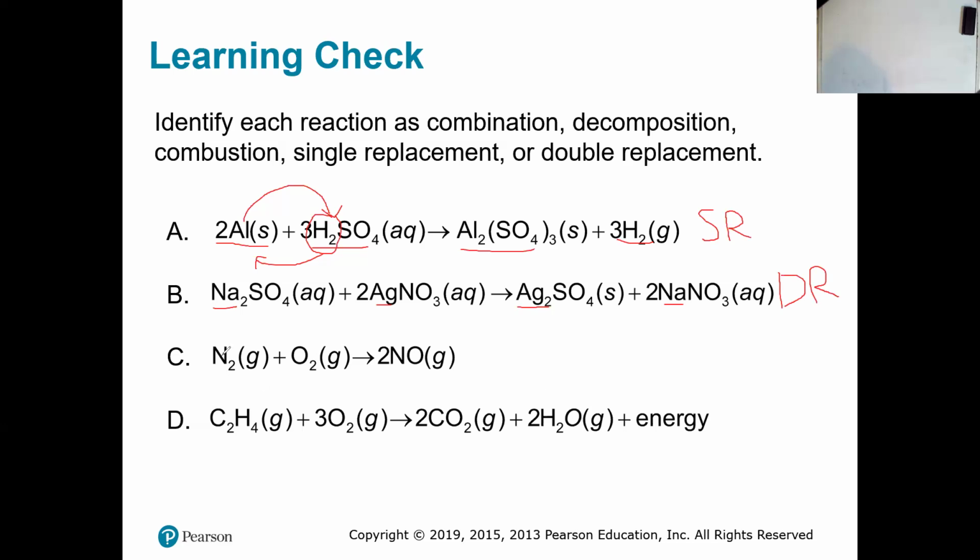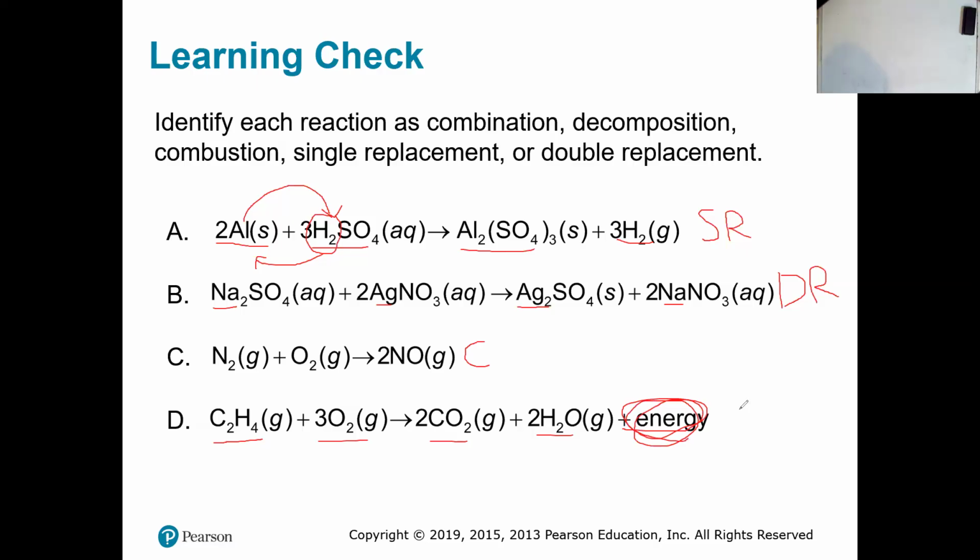Our third example, we have nitrogen and oxygen combining to make NO. So that's going to be a combination reaction. And in our last reaction, we have a carbon compound combining with oxygen, and it's producing 3 things that always indicate combustion: carbon dioxide, H2O, and energy.